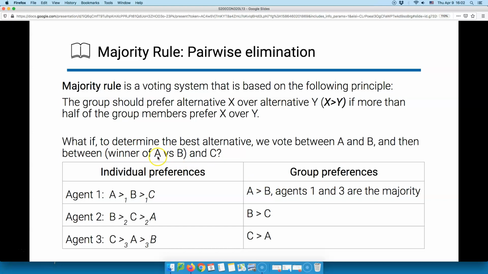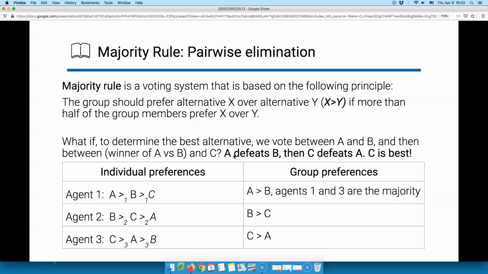But if we were to vote between A and C, the group would prefer C because 2 of 3 agents prefer C to A. So in this procedure, where we first determine whether A or B is better, and then look at the winner versus C, C is the best.